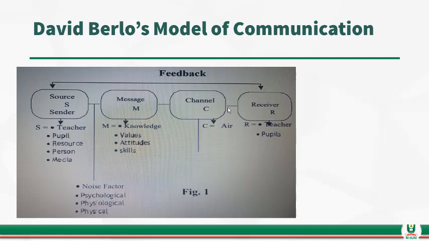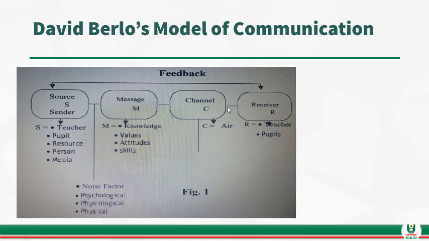David Berlo's model of communication. In the field of communication, there have been a lot of theories or models that have been developed over the years by people in order to improve communication flow. David Berlo is one of the people that developed such a model, and the model was named after him as David Berlo's model of communication. David Berlo believed that for effective communication to take place, the source and the receiver need to be on the same level.